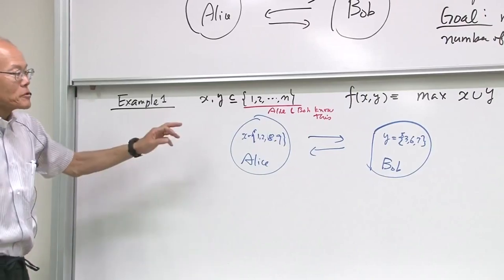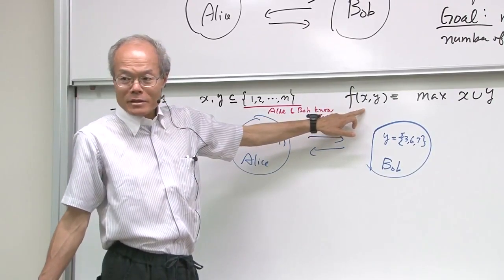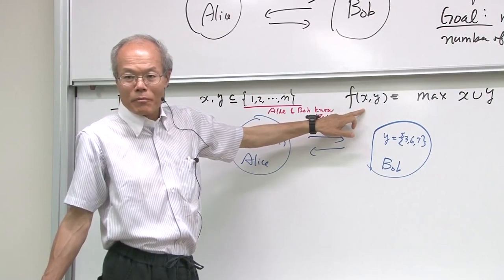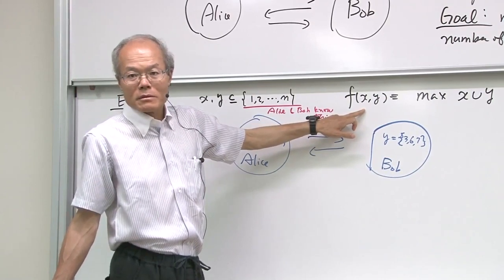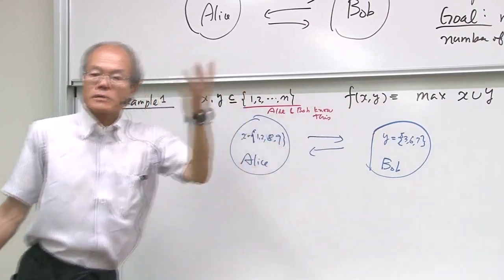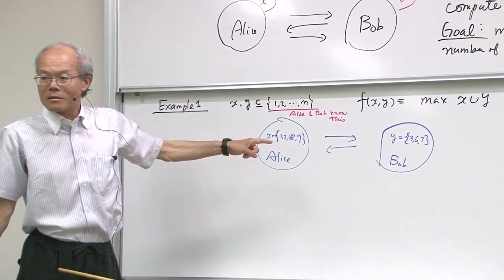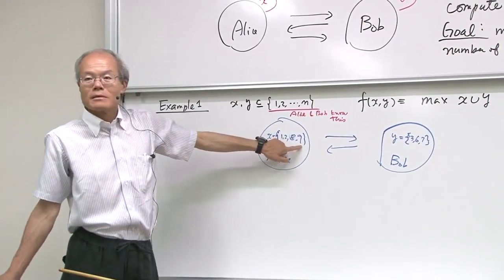So they need to compute this function. What is this function? This is quite simple: the maximum value of x union y. So in this case, what is the answer? The answer is 9, of course.